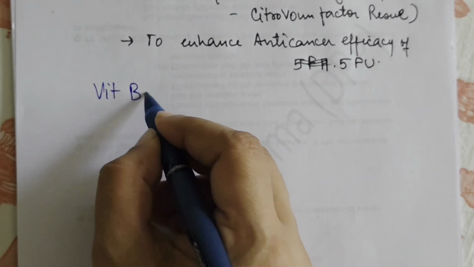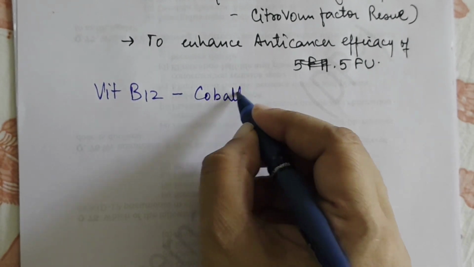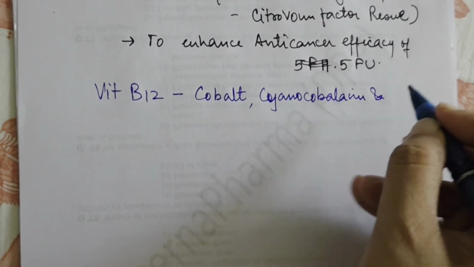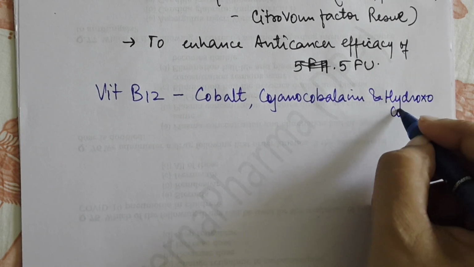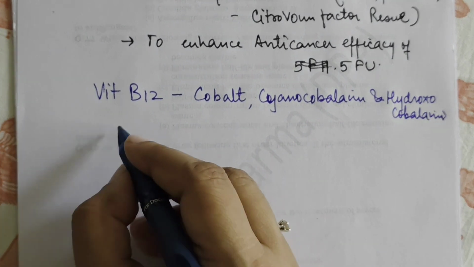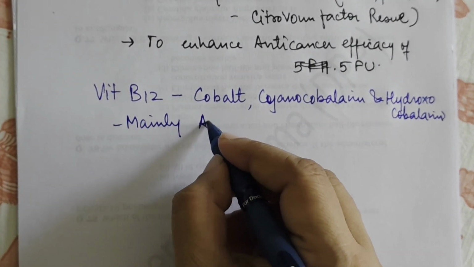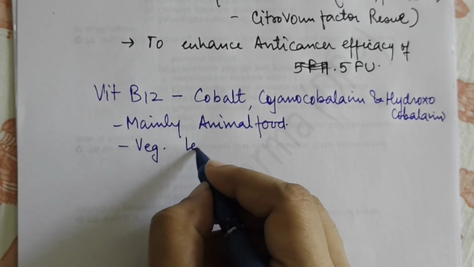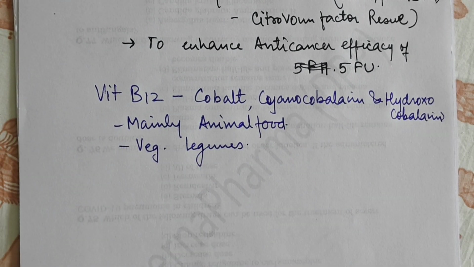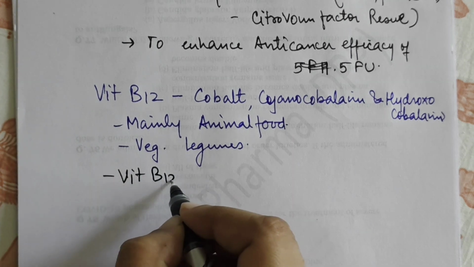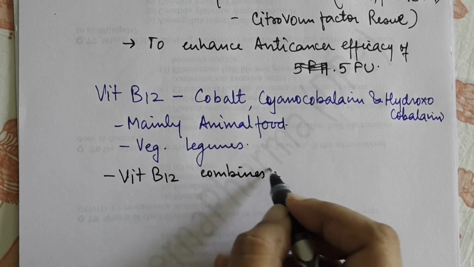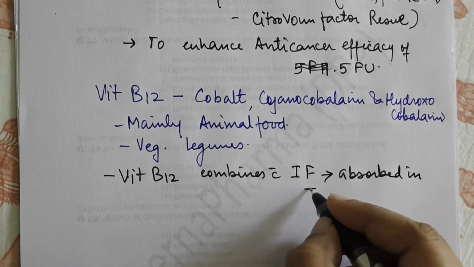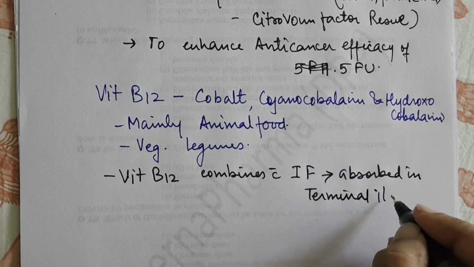Coming to vitamin B12. Vitamin B12 is cobalt, cyanocobalamin, and hydroxocobalamin. It is mainly obtained from animal foods. In vegetable source is only legumes. Now what happens is this vitamin B12 combines with intrinsic factor and is absorbed in terminal ileum.